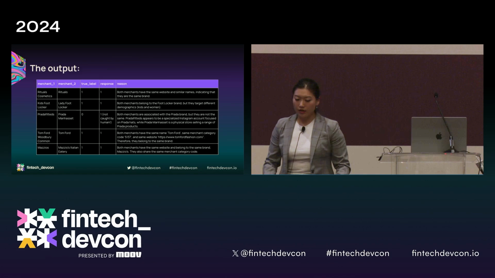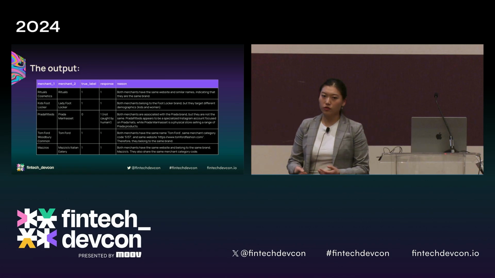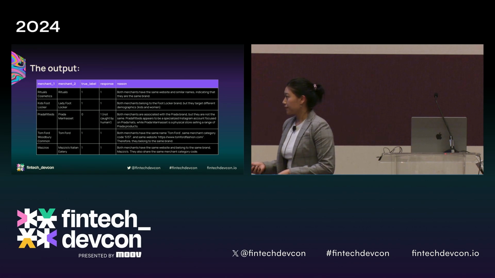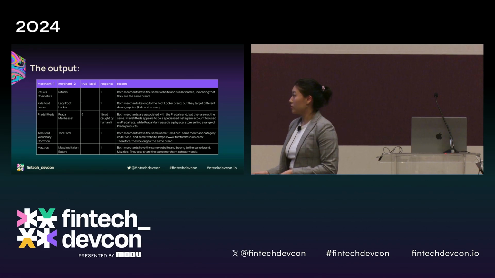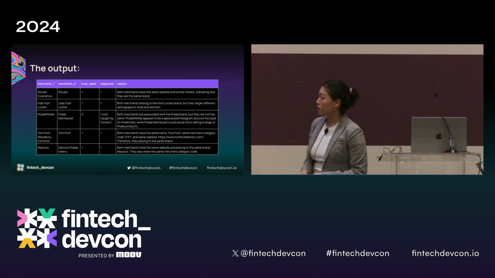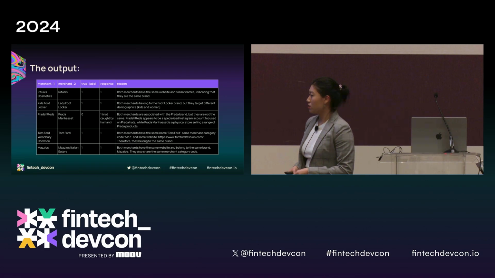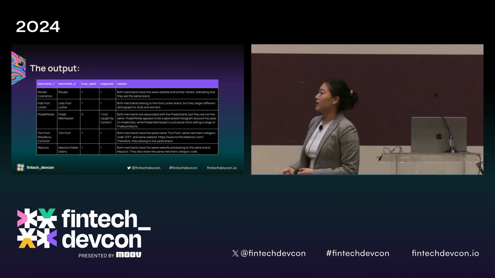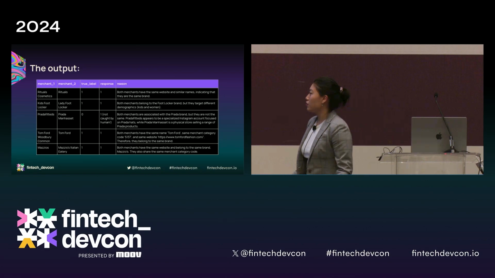So give your agent more examples to help it understand. All right, the last one, Mazio's and Mazio's Italian eatery. Both merchants have the same website and they belong to the same brand. And also they share the same merchant category code, so it's perfect.